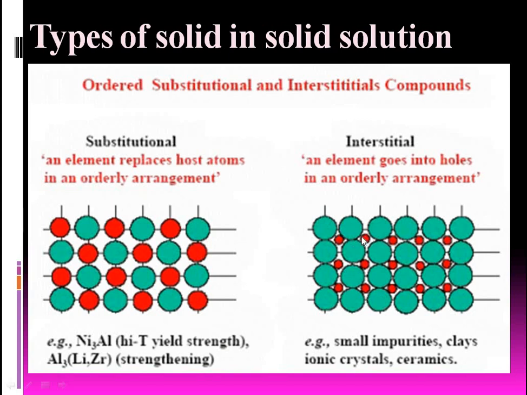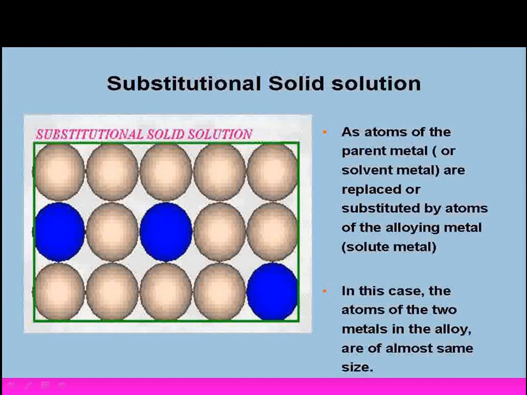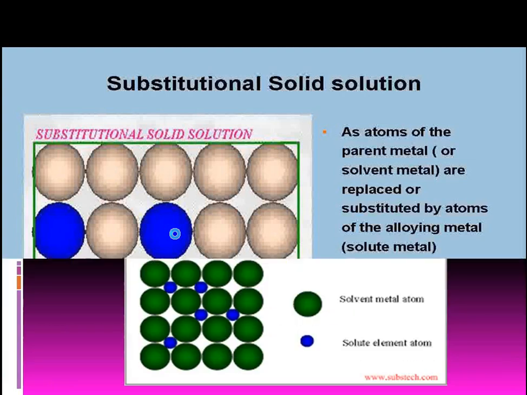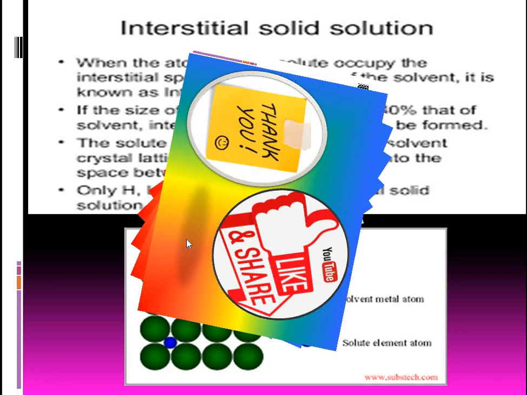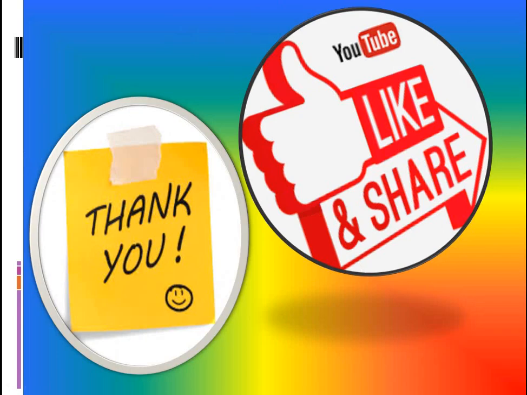This happens if we have solvent particles of larger size and solute particles of smaller size. In substitutional, this is the parent atom, that is the solvent, and when we add another type of solute it displaces the atom position and takes its place. In interstitial, the solute particle gets into the gaps or voids present between the solvent metal atoms.